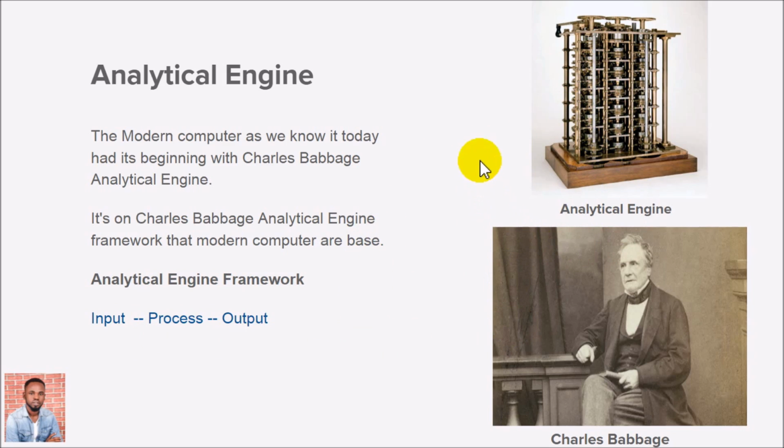A lot of things have changed, the memory aspect, a lot of things have come into play to help us have laptops, but this same concept is still maintained in every computer you find around us today. So this is why Charles Babbage is tagged as the father of computer. He invented the analytical engine, which contained the framework of our modern computer till today.